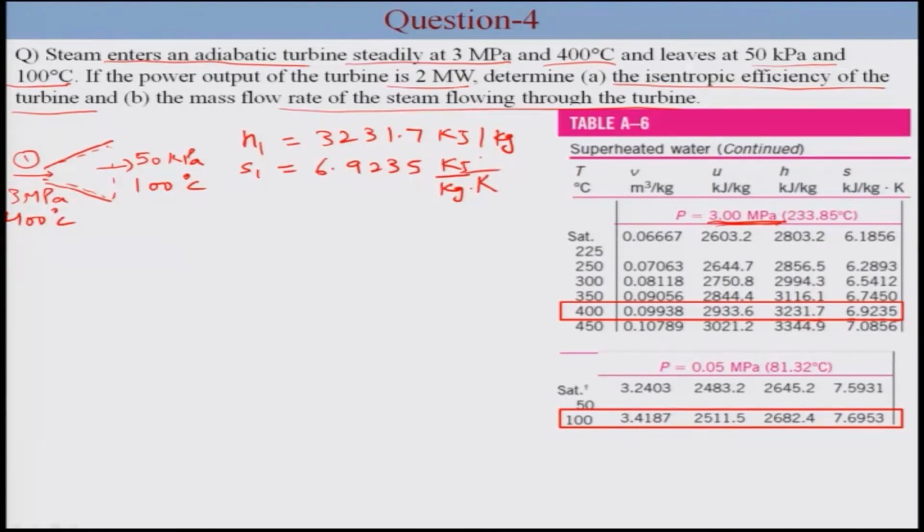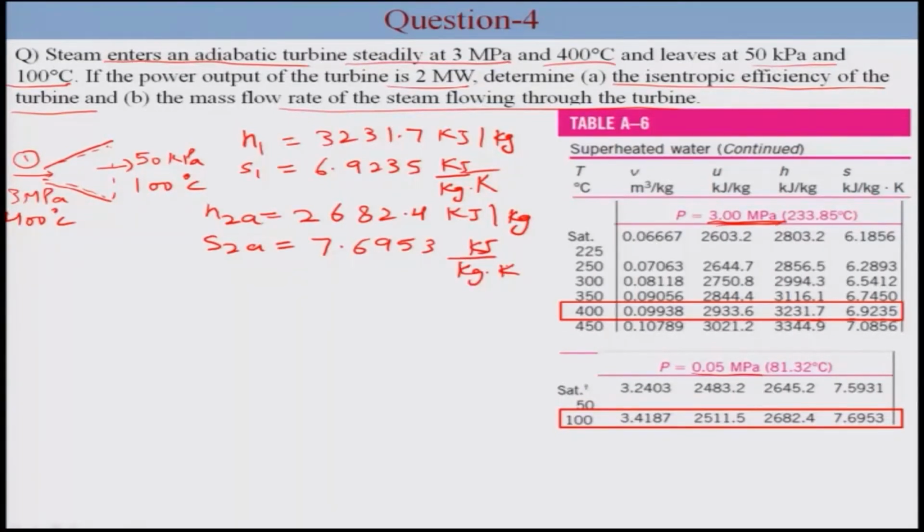At state 2, it is at 50 kilopascal and 100 degree Celsius. This is also a superheated state. So, at a pressure of 50 kilopascal, which is 0.05 megapascal, and 100 degree Celsius, the values are H2A 2682.4 kilojoule per kg and S2A is 7.6953 kilojoule per kg Kelvin.